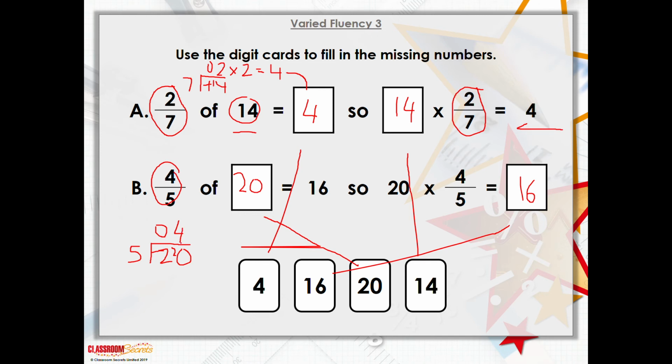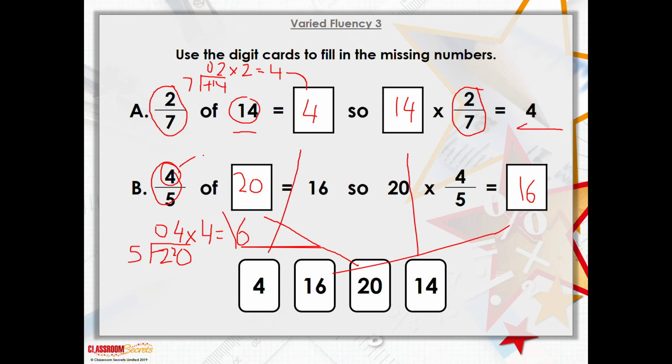Now I need to multiply that 4 by my numerator, and here it is 4. So I want to multiply that by 4 because I want to find 4/5, not just 1/5. And 4 times 4 is 16.